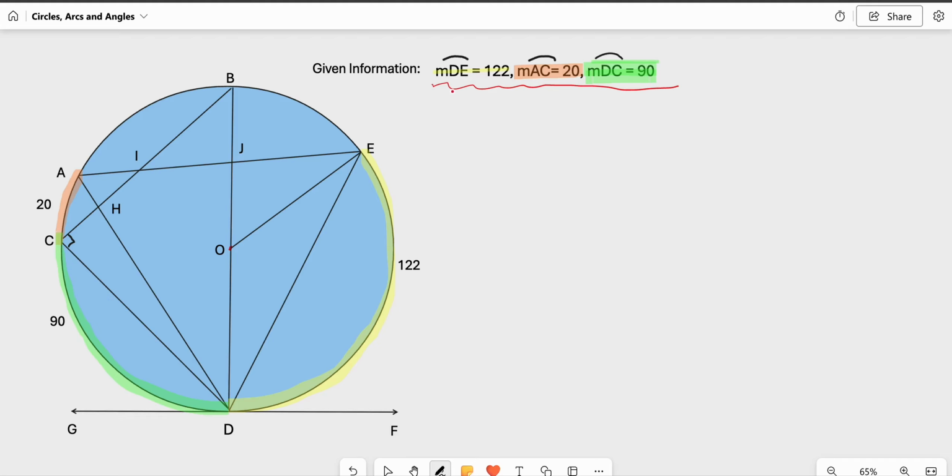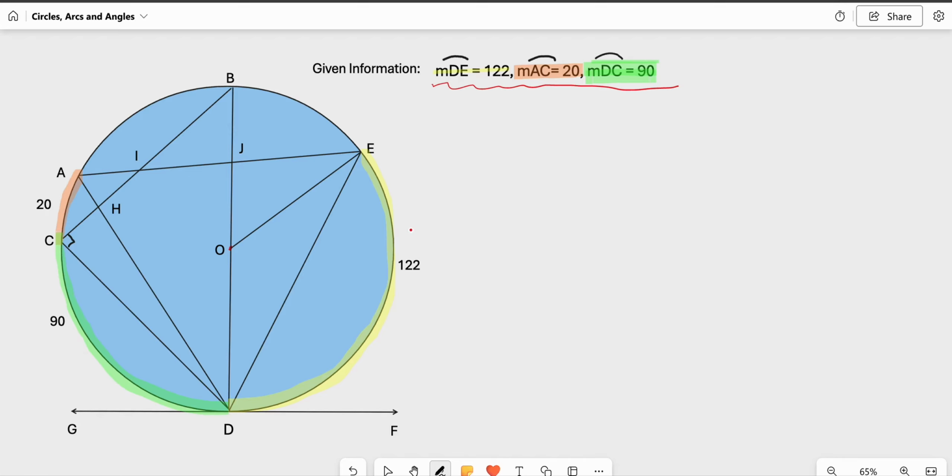Like I'm being given arc DE, okay. So it's equal 122. I have also arc AC, and it's 20, and arc DC is 90. Okay?